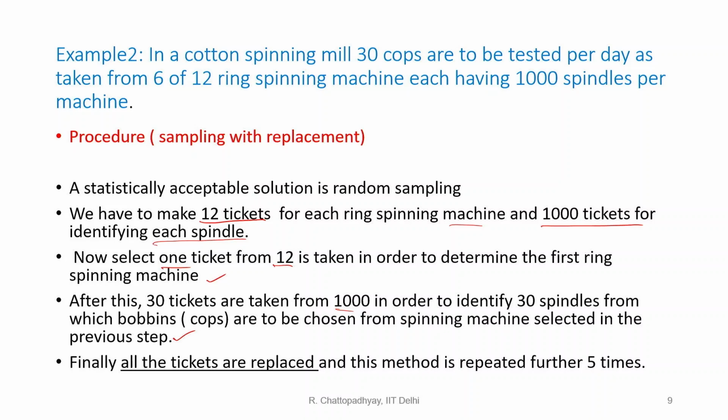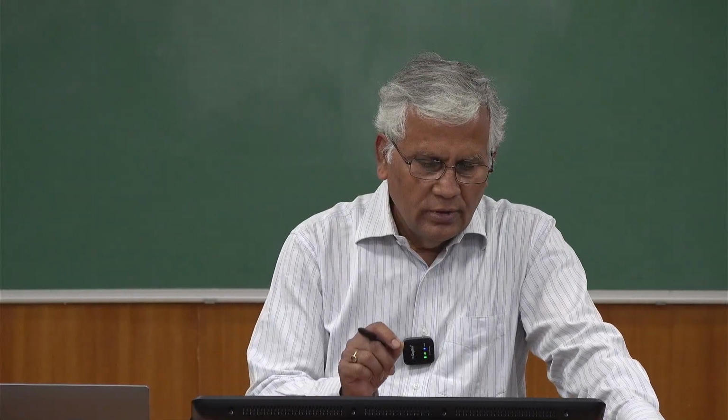So now we'll choose 30 tickets. That means I will get to know which spindle we should target to collect the bobbins. Each spindle is spinning the yarn and the bobbin is there on the spindle. So we choose 30 tickets.